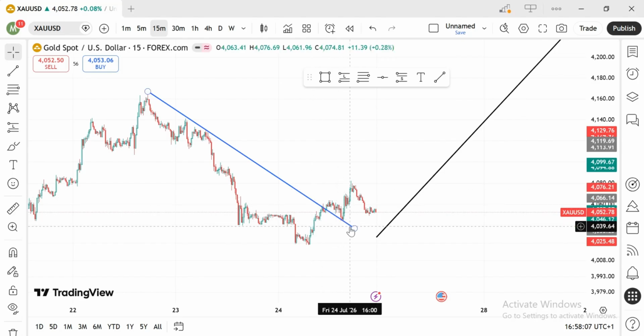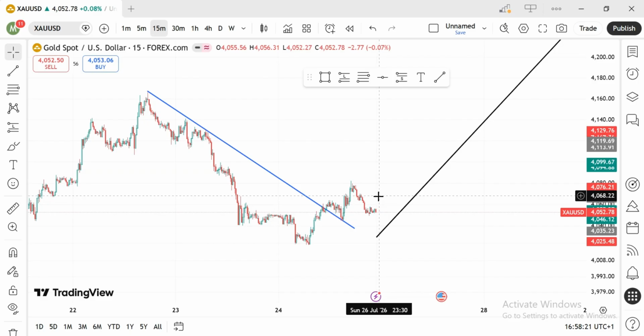This is a breakout, and due to this breakout, we have a reversal, a pullback, then we should expect a continuation. Now, are we going to buy on Monday or are we going to sell on Monday? That should be the question.